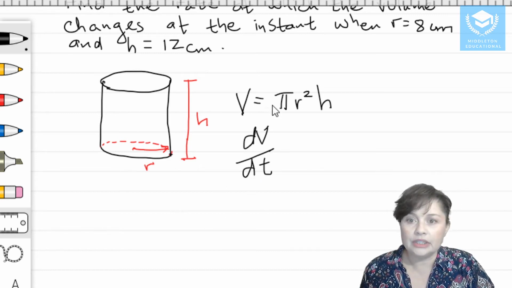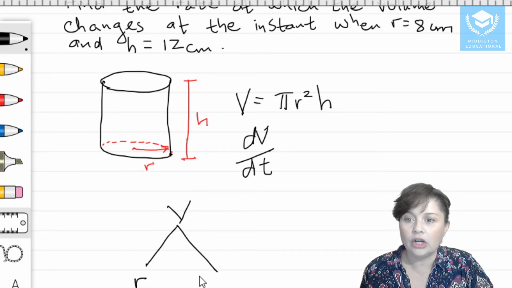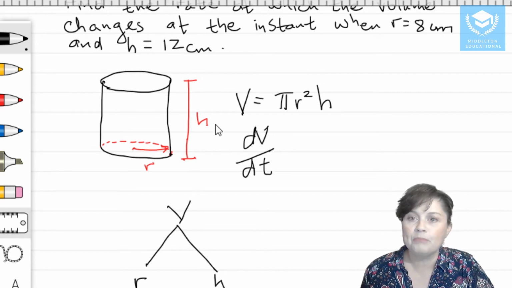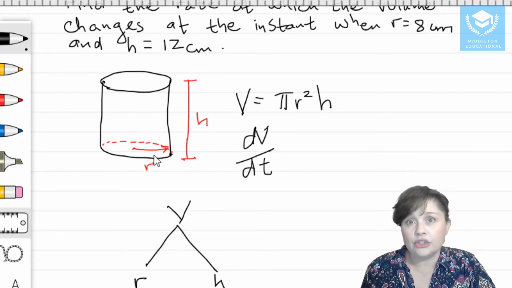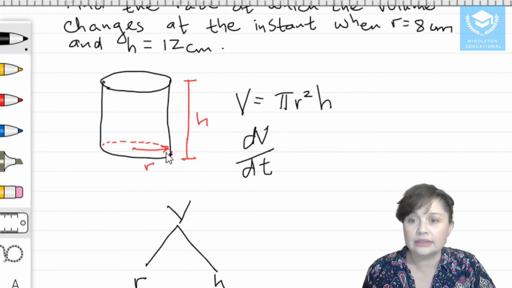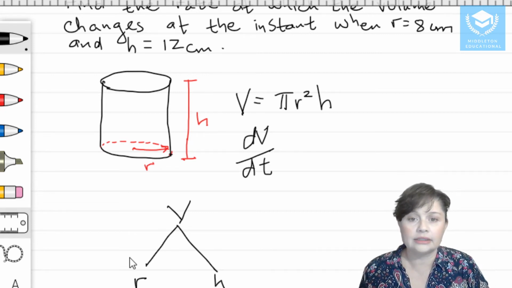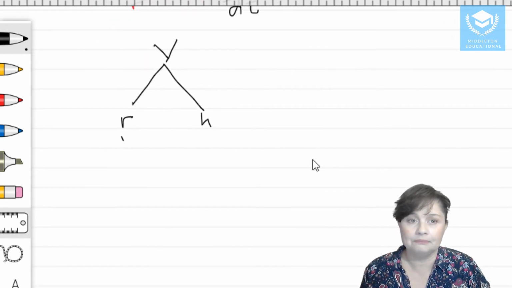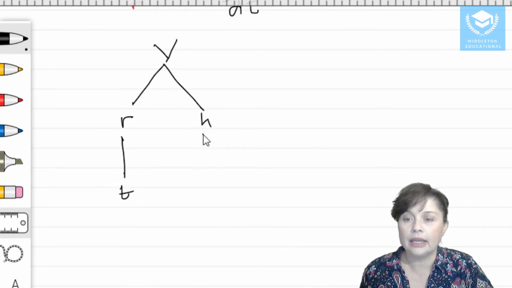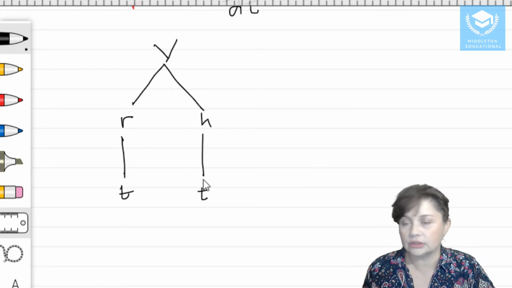From your equation here, you can see volume is dependent on two different variables, r and h. And remember, they said in the question that your radius is changing at 0.2 centimeters per second and your height is changing at 0.5 centimeters per second, which means that your radius is dependent on time, and your height is also dependent on time.